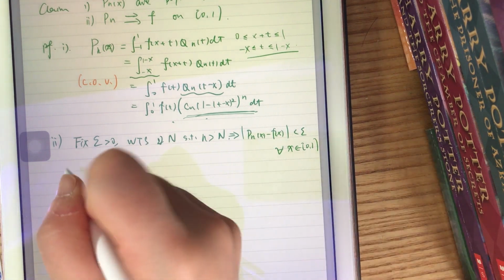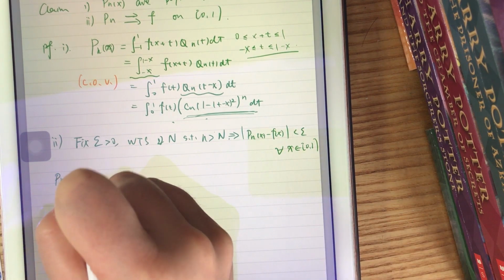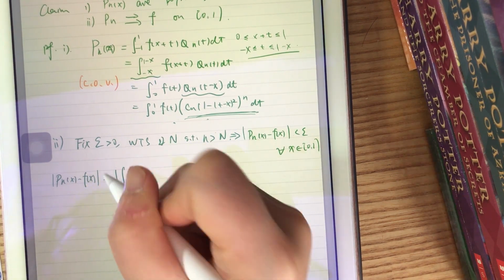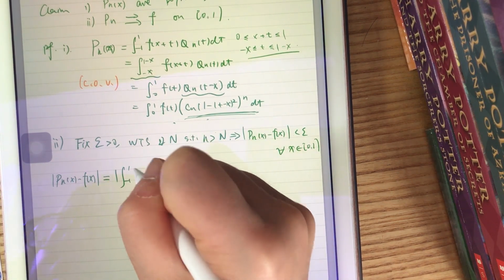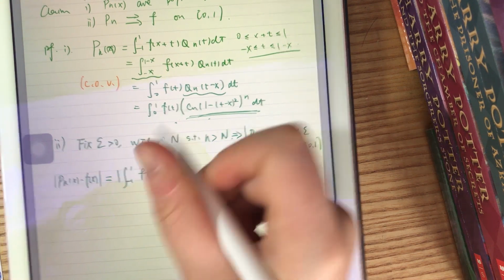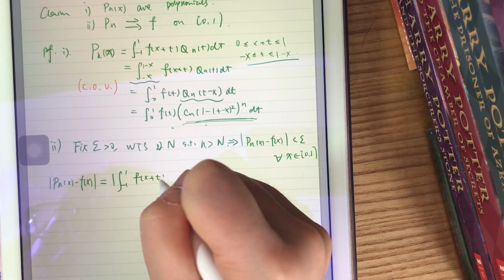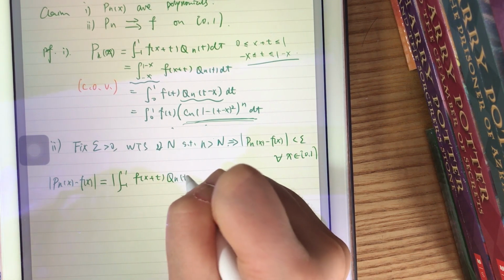So here we got Pn(x) minus f(x). The difference of these two terms will be, well, you first write down all you've got, and here there is a trick. It's a trick that you're playing with the number 1.